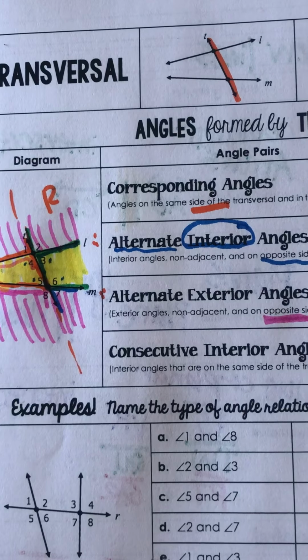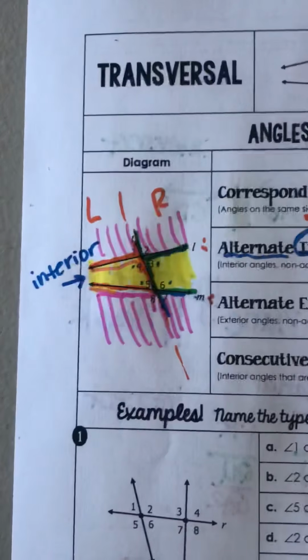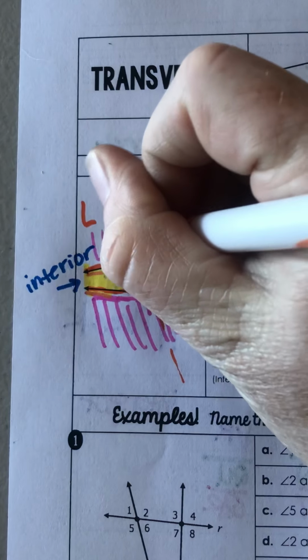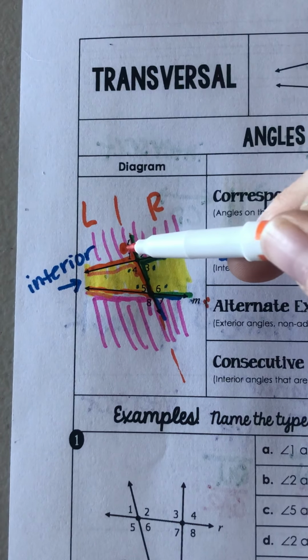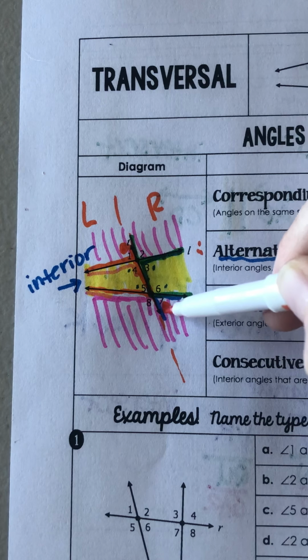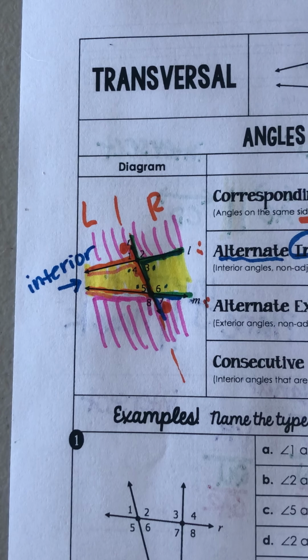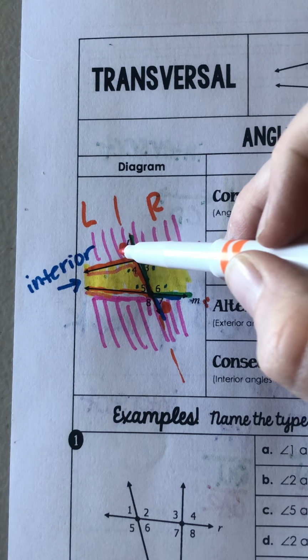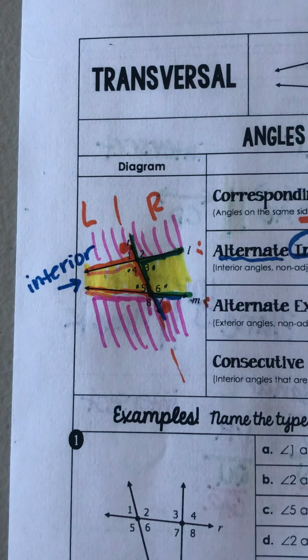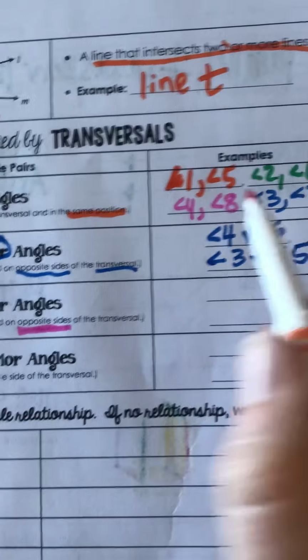So if I start at angle 1, I know I got a lot of colors going on here, I need to stay on the exterior, which would be the pink part, but I need to alternate across my transversal, and that would give me angle 7. Okay, so I start with one, it needs to go across the transversal and stay exterior. So angle 1 and angle 7.